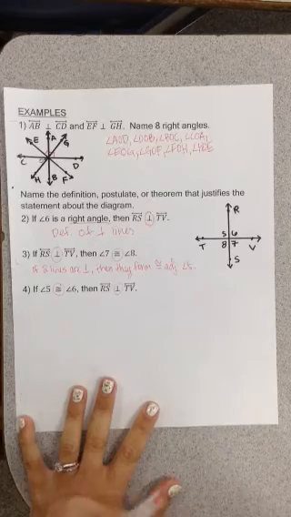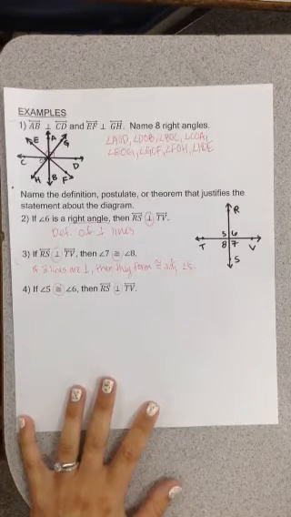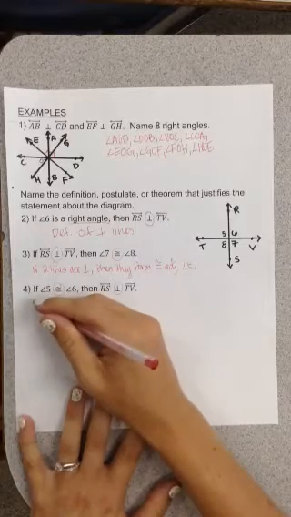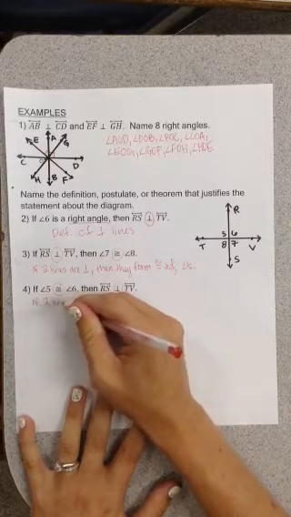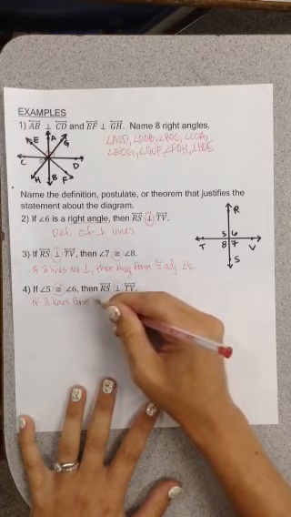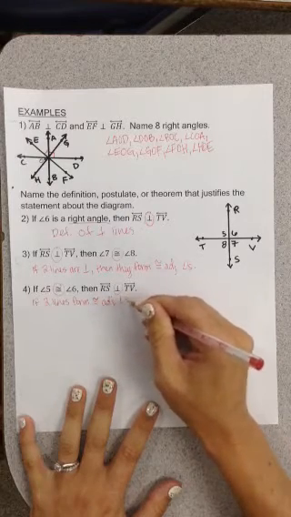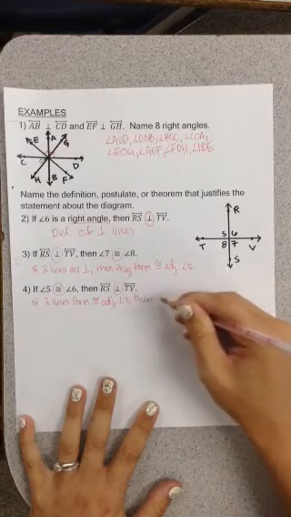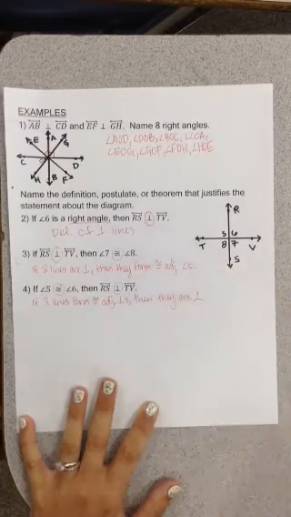And when you find it, it's going to be the theorem that was the converse to that last one we just used. This one says if two lines form congruent adjacent angles, then they are perpendicular.